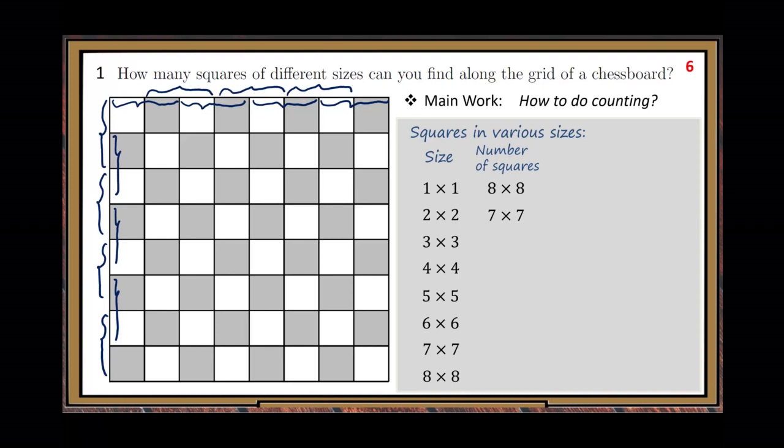Okay? All right. So similarly for 3 by 3, you can use this similar counting method. You get 6 times 6, 5 times 5, and so on, all the way down to the last one, 1 times 1. Only one 8 by 8 square.